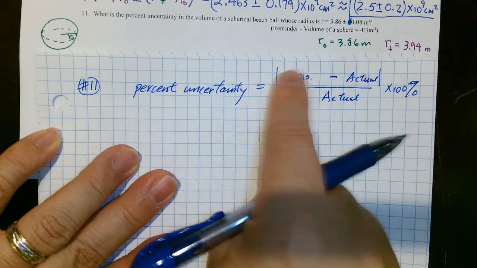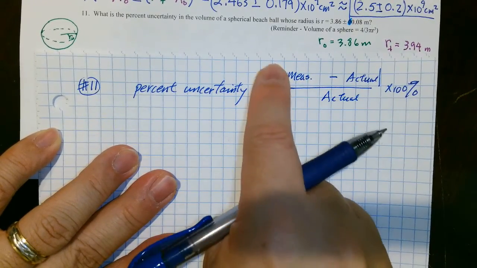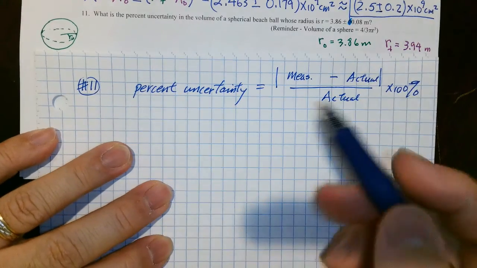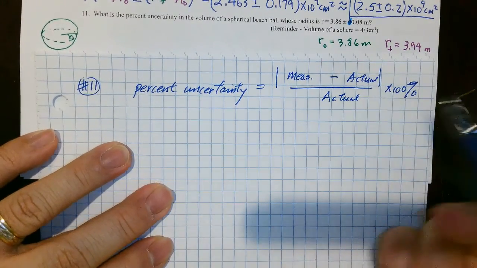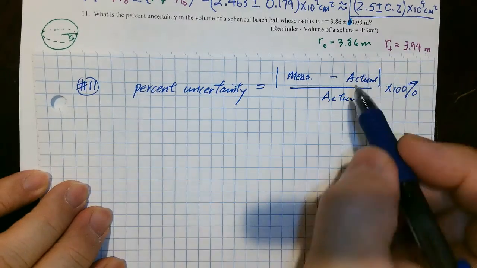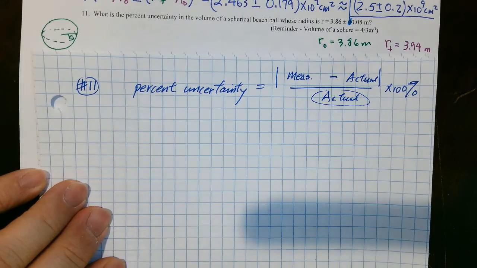Now this can be switched because this is an absolute value sign, so you can make it actual minus measured over actual, same thing. But the important thing is you have to divide by actual. Okay, Andy?